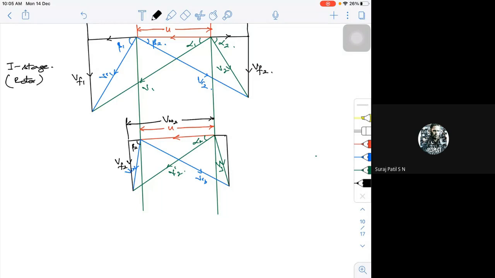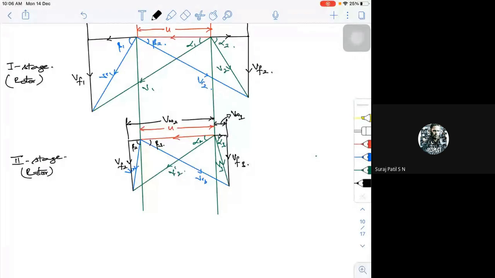This will be my component, this is my VF3 and this will be my VW3. This will be my alpha 3, and this will be my beta 3. So I got my second stage. This is for the second stage rotor.